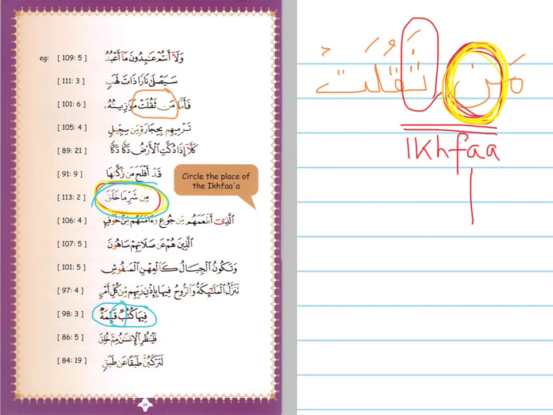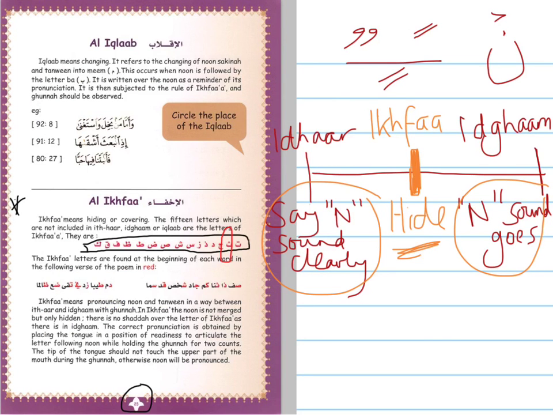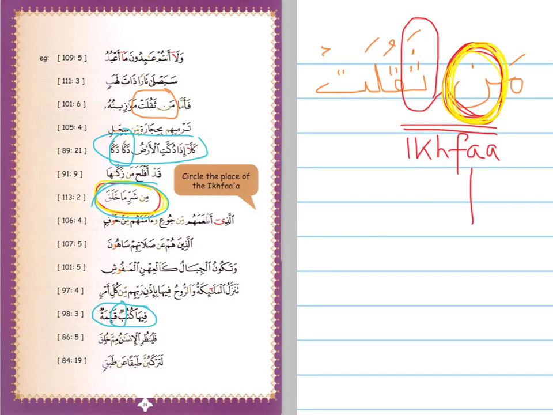We'll do one more. Here, Ikhfaa, Tanween is there, and then the next letter is Dal. Dal is this letter here. كلا إذا دكت الأرض دكا دكا. It's almost gone, not completely gone. Dakka, dakka. It's even hard to say.